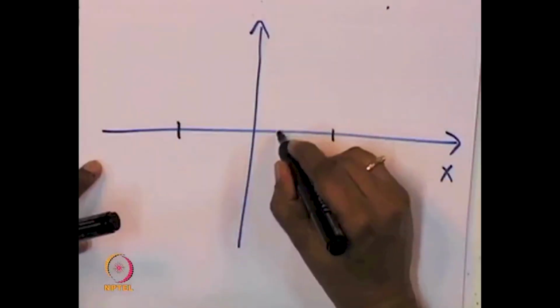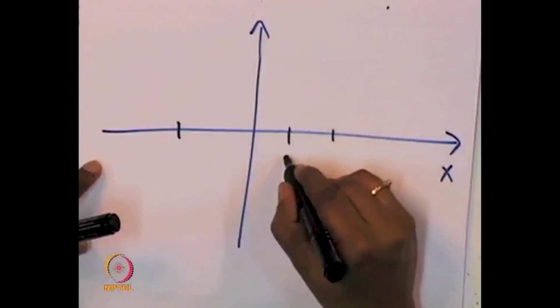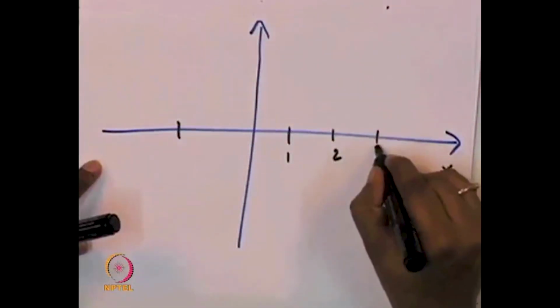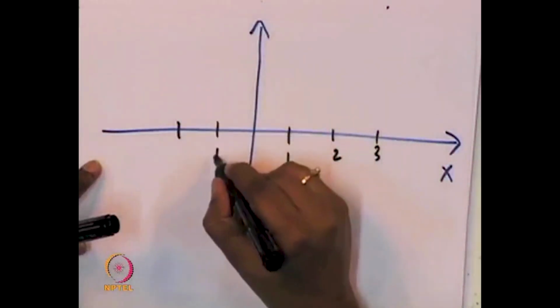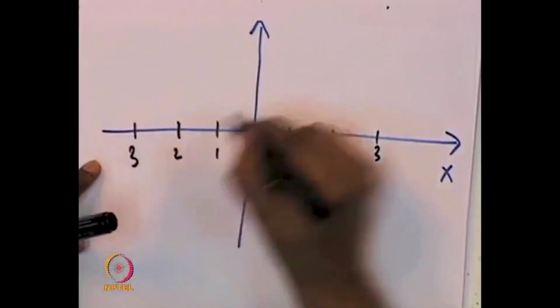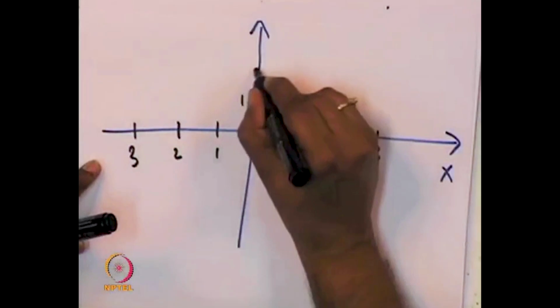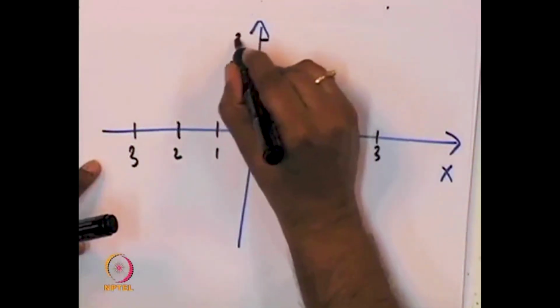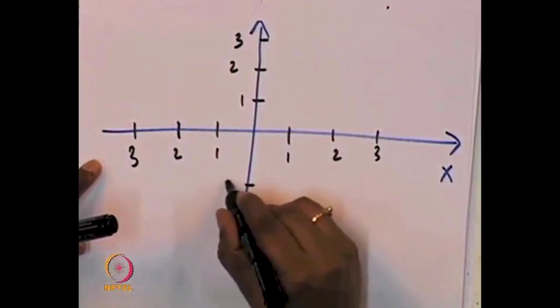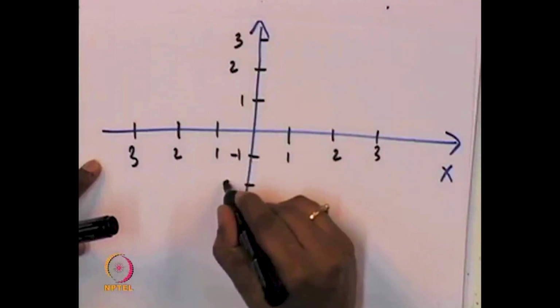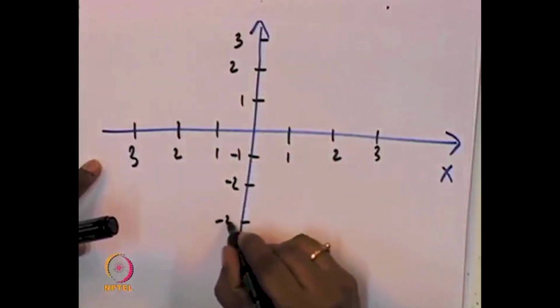Let us call this 1, this is 2, this is 3, and on the other side this is minus 1, minus 2, minus 3 and so on.